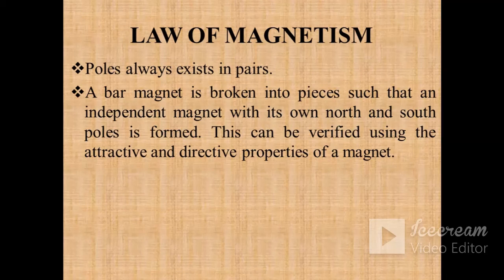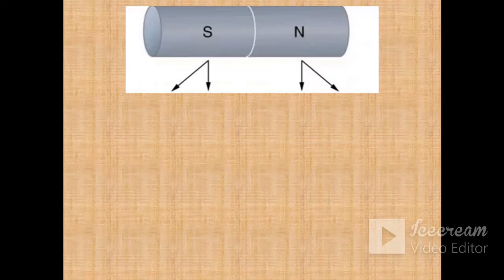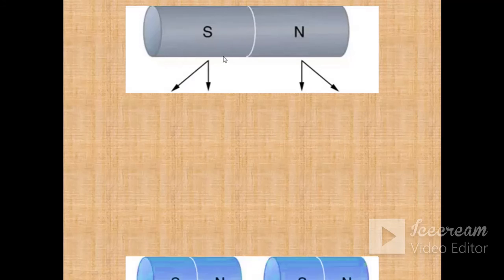Then, poles always exist in pairs. If you break a bar magnet into a number of pieces, each individual piece will act as a bar magnet and will automatically attain its north and south poles. You can verify this using the attractive and directive properties of a magnet. Suppose we have a huge bar magnet, and I break it into two pieces.